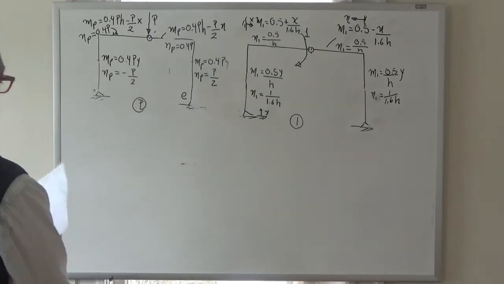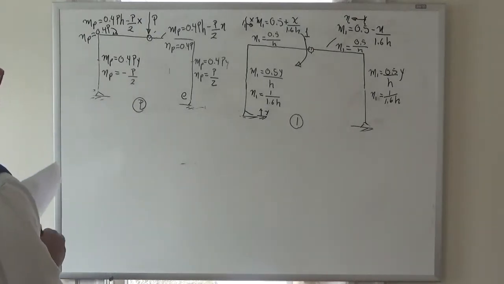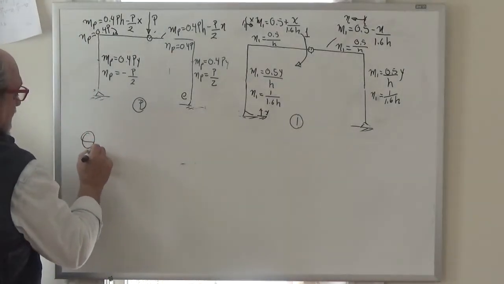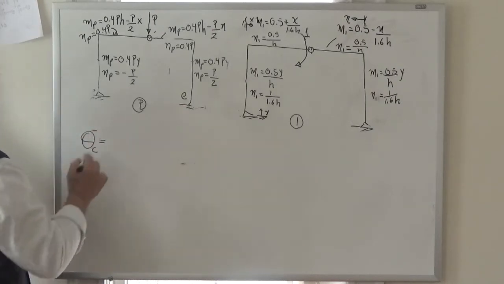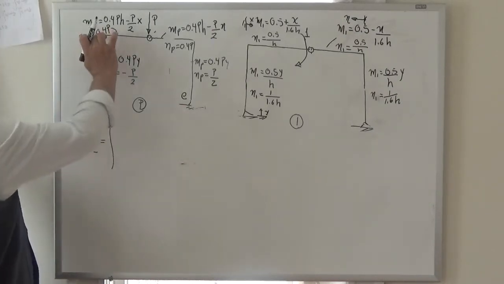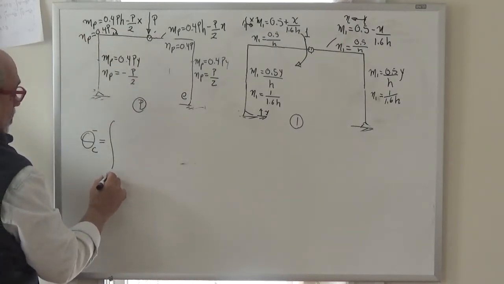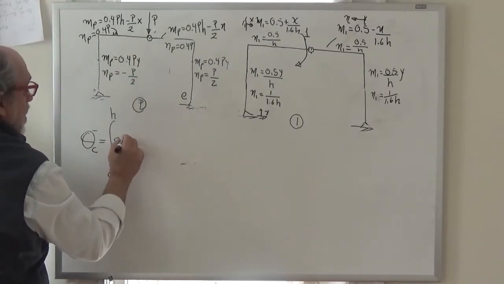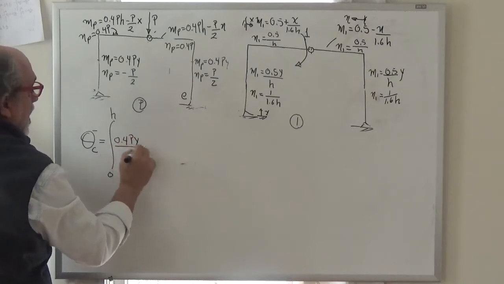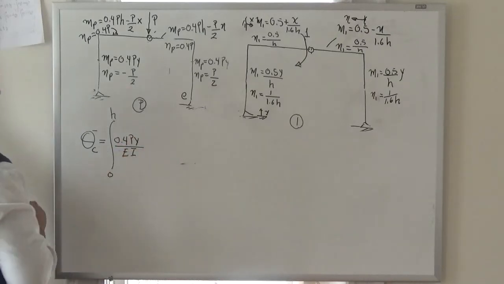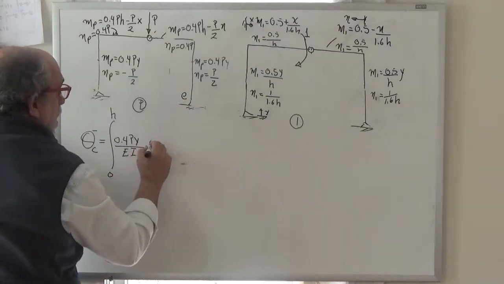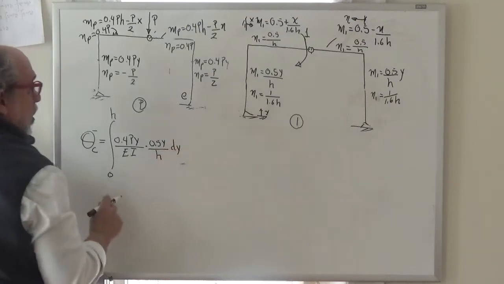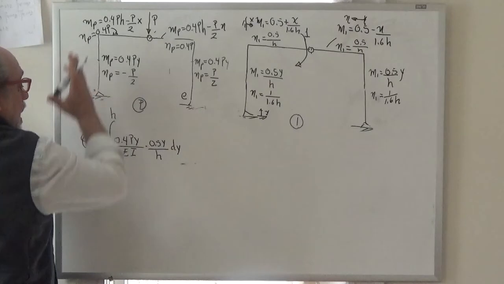I will write the answer once and then you write the integrals, but it's clear that this is simply theta z on the negative side is equal to the integral left bar column 0 to h, contribution of bending MP, which is 0.4 py divided by EI, that's the curvature due to the load, multiplied times M1, which is 0.5 y over h, dy, because this y is along the bar.